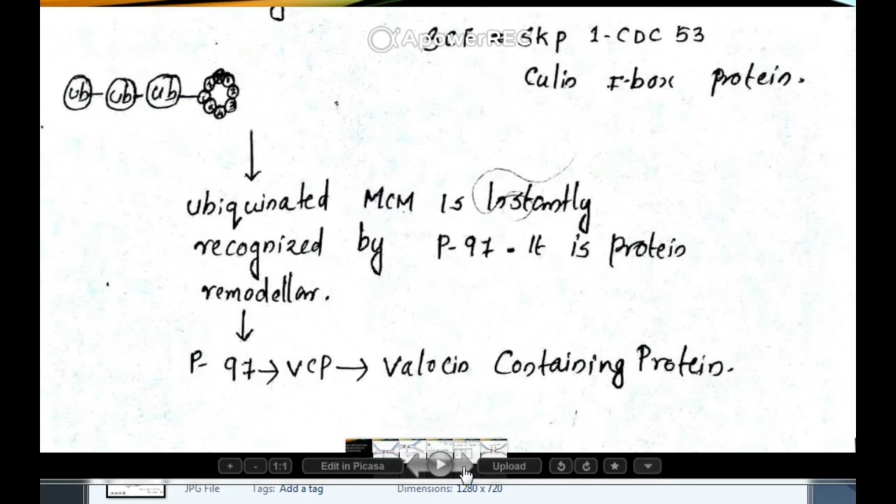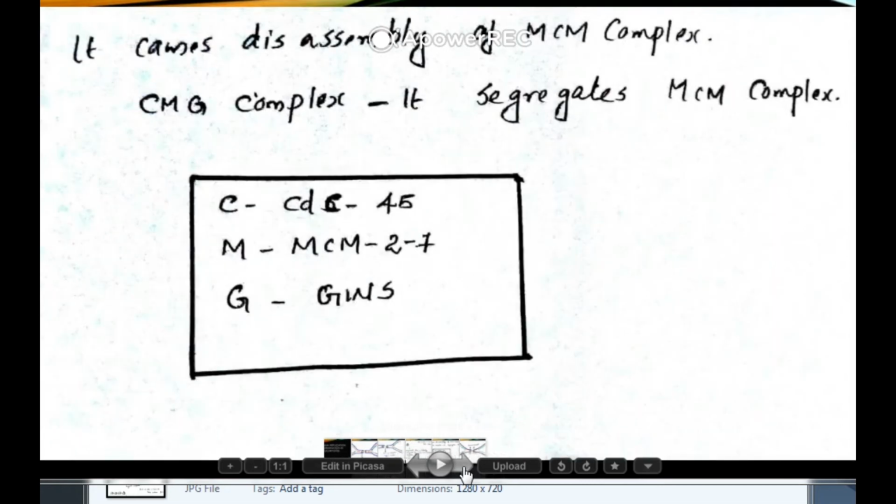You can see in this picture that P97 is the valosin-containing protein, and it causes disassembly of the CMG complex. It segregates the MCM complex. CMG means CDC45, M means MCM2-7, G means GINS proteins.